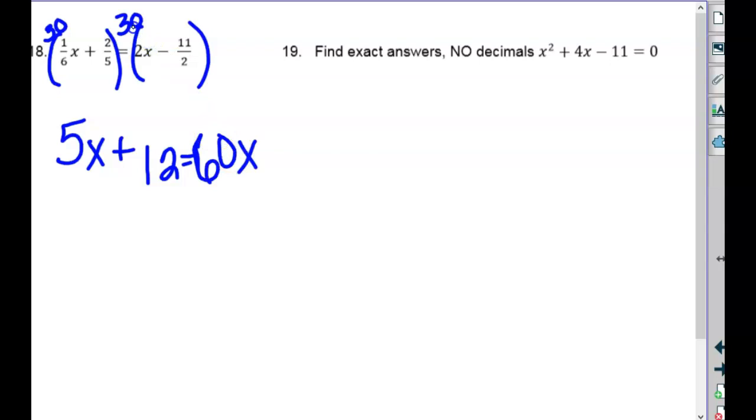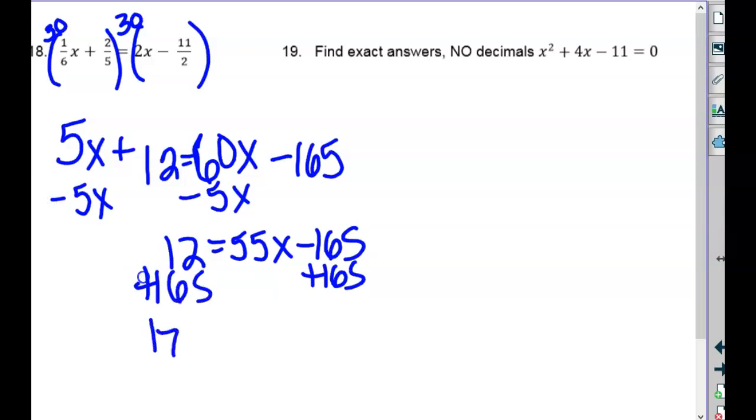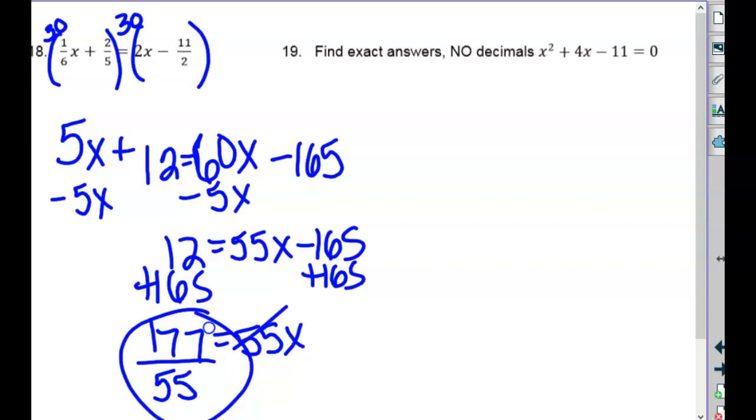Don't forget that one. 30 times 11 divided by 2, 165. Now we have an equation that only has x's, no fractions. 177 divided by 55, anybody? Which doesn't reduce. There's your exact answer.